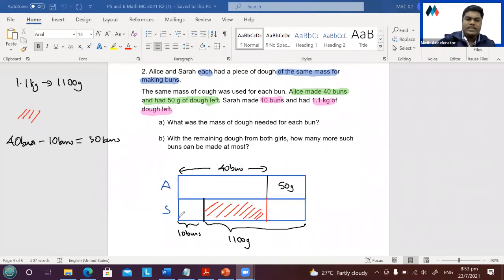Okay, so I want you to see carefully, all right? In terms of the shaded portion, if I were to talk just about the weight, the mass of the buns, look at it. It's 1,100 minus 50 grams.